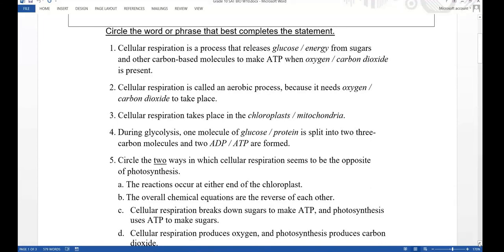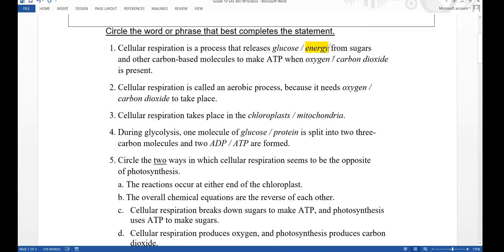Cellular respiration is a process that releases glucose or energy from sugars and other carbon-based molecules. Energy. Yes, it releases energy, of course, not glucose, from sugars and other carbon-based molecules, and makes ATP when oxygen or carbon dioxide is present.